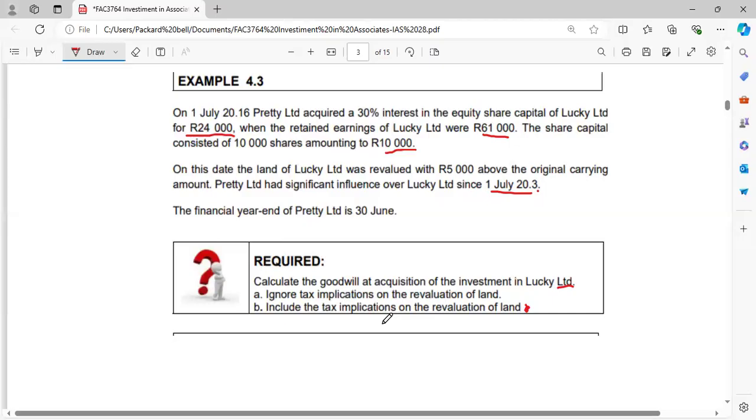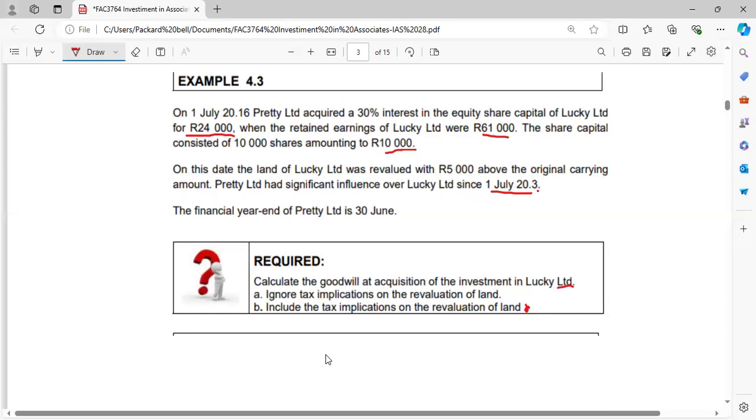Calculations are not compulsory; if you have a short way of doing the calculation, you can still use that one.